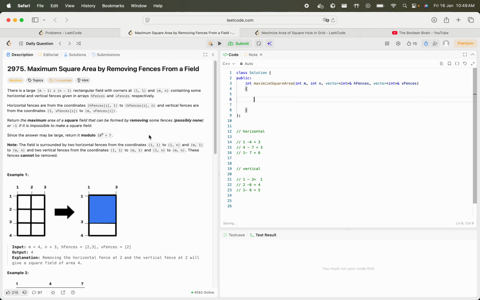Now I want this difference, right? And I don't need to keep the starting and ending point. I am only concerned about this vertical and horizontal edges. So what I will do, let me declare something for the edges, horizontal edges.